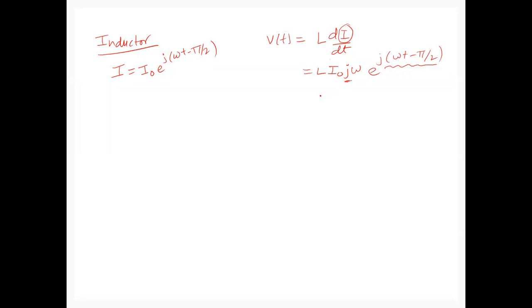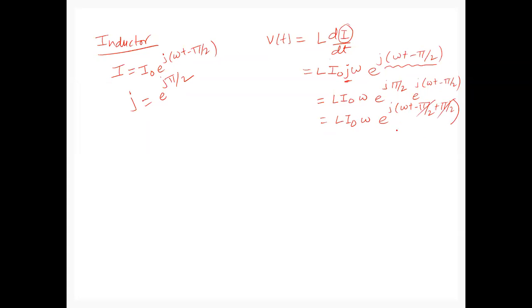Again, this j can be written as e to the j pi over 2, right? So I am going to write this as e to the j pi over 2, then e to the j omega t minus pi over 2. Then if you add them together, what do you get? L I0 omega, and this is e to the j omega t minus pi over 2 plus pi over 2.